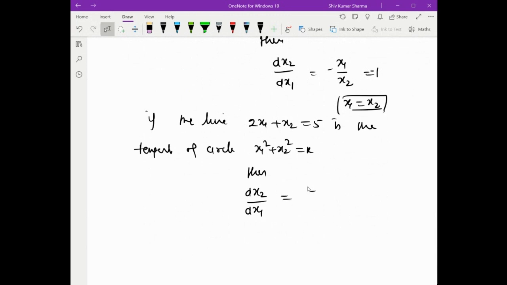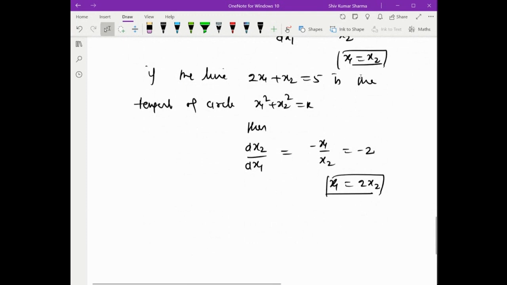For this we obtain minus x1 upon x2 equal to minus 2. So this gives us x1 equal to 2x2. So when we solve this, that gives us x1 equal to 2 and x2 equal to 1.